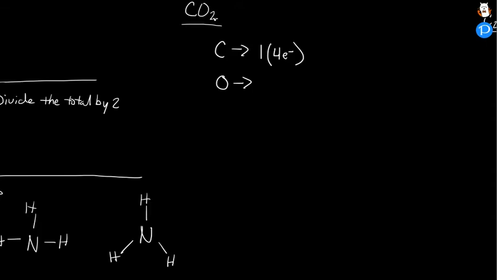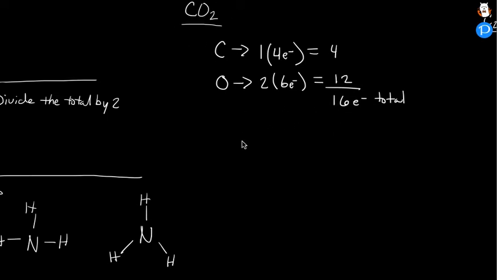Oxygen, there's 2 atoms of oxygen. Each atom of oxygen has 6 electrons. So 4 and 12. So we have 16 total electrons that we have to work with in this molecule.